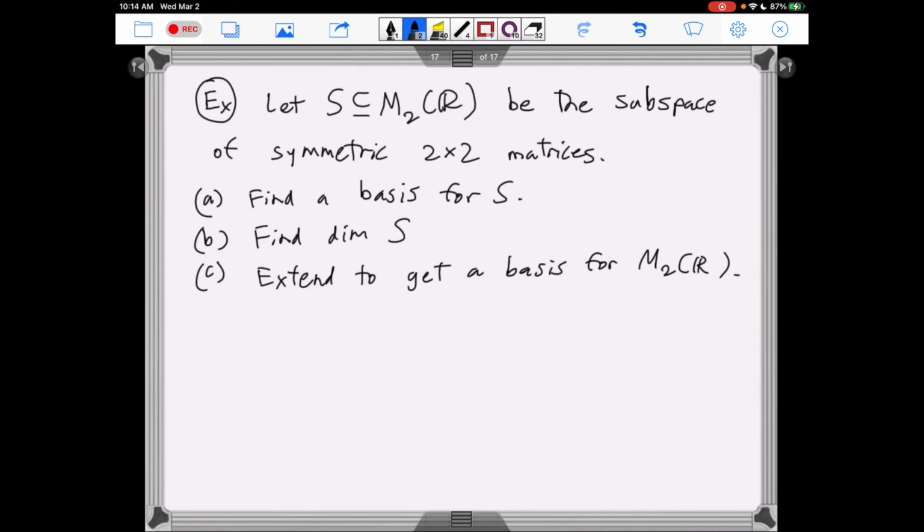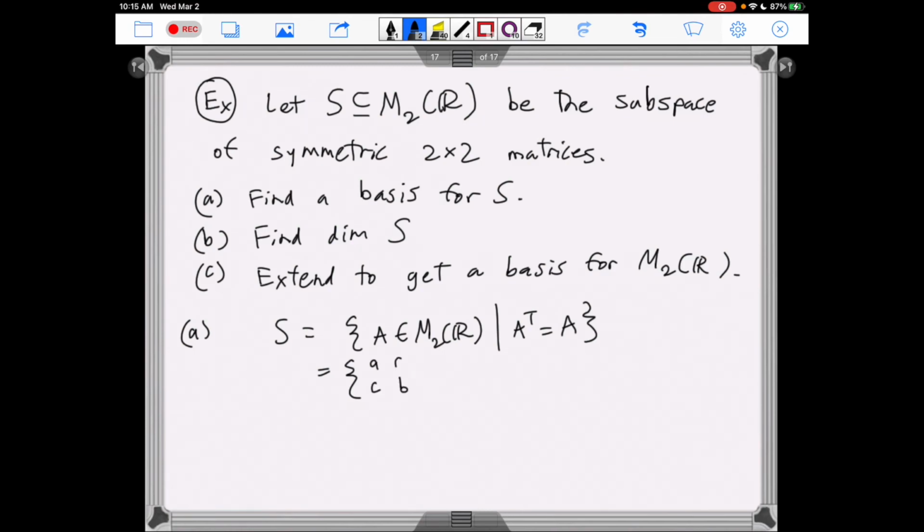Okay. Now, remember, we have to start by writing out the definition of S, okay? Remember, S are the symmetric 2x2 matrices. Remember what it means to be symmetric? It's the set of all A in M2R such that A transpose is itself, right? But for 2x2 matrices, this would be the set of all matrices that look like this.